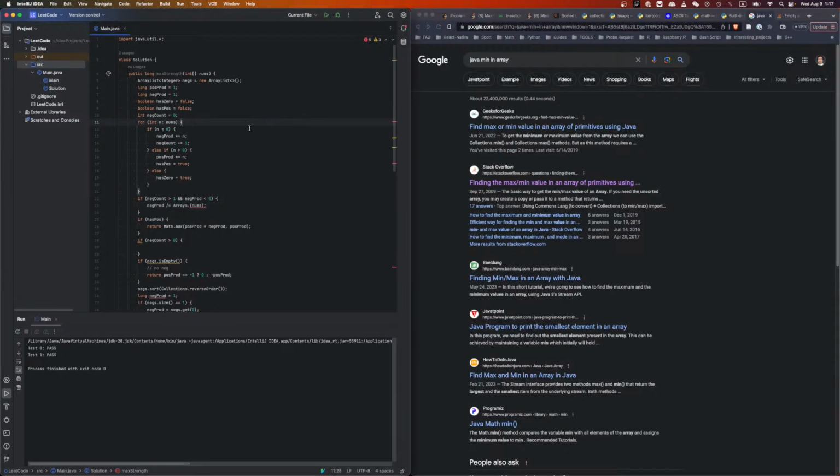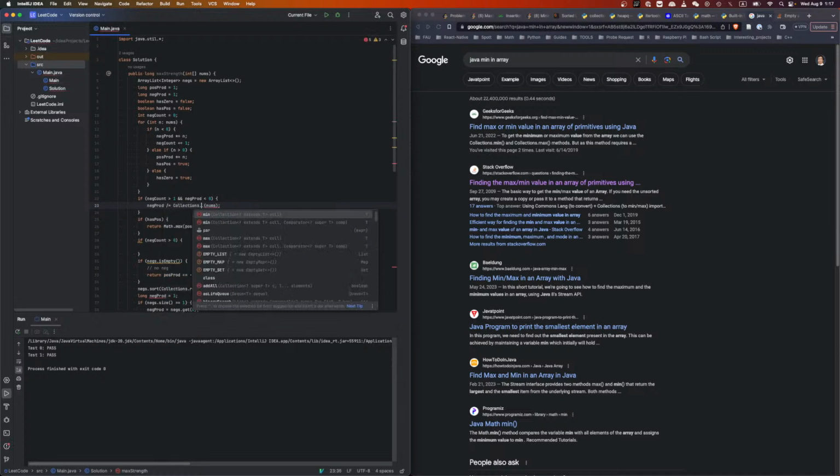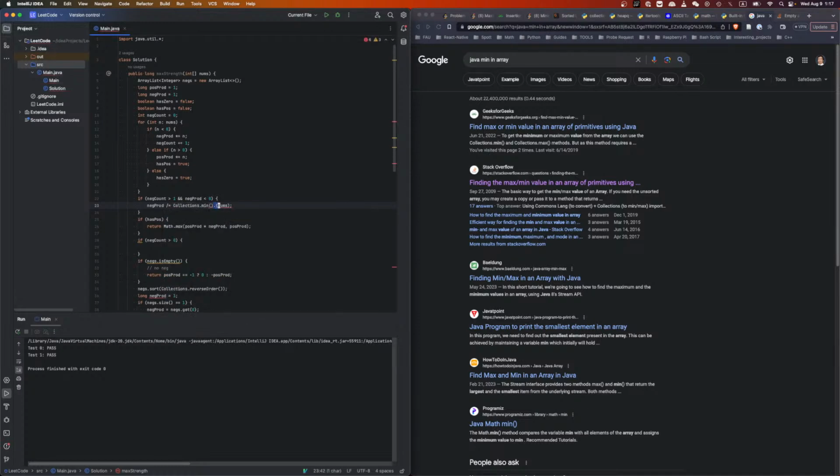You gotta be kidding me. There's no built-in for array. So it has to be Collections.min, but we cannot do nums. We can do nums, but we cannot do that. We can say Arrays.asList.